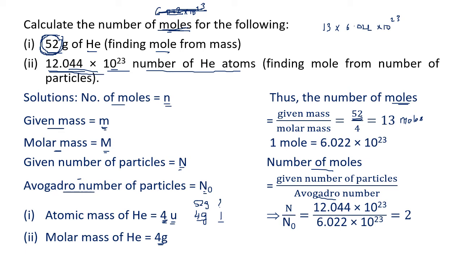It means if 6.022 into 10 raised to 23 is 1 mole, and 12.044 into 10 raised to 23 is given to us, how many moles? So to find the number of moles, we take the given number of particles and divide by Avogadro's number. 10 raised to 23 will get cut, and 12 divided by 6 gives 2. So this many atoms means 2 moles.